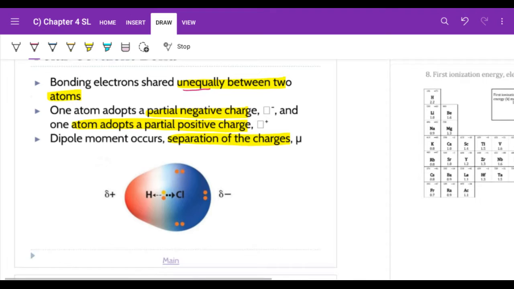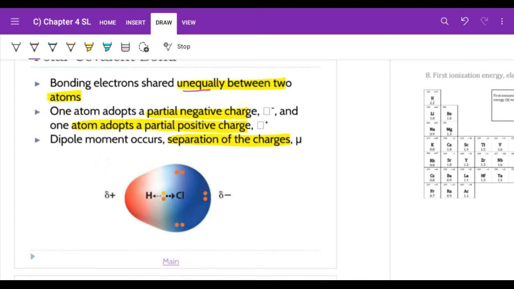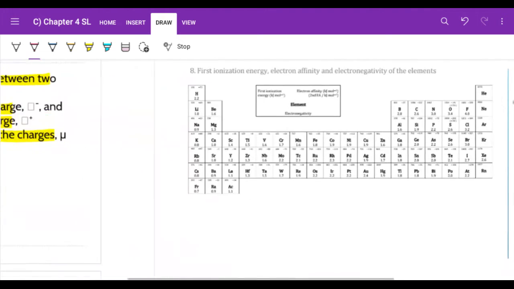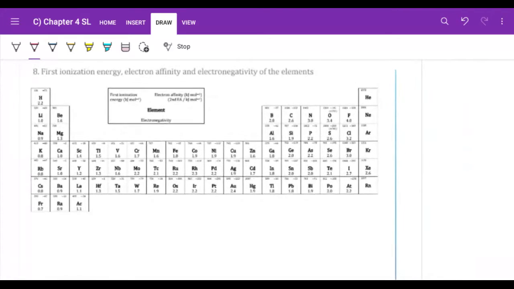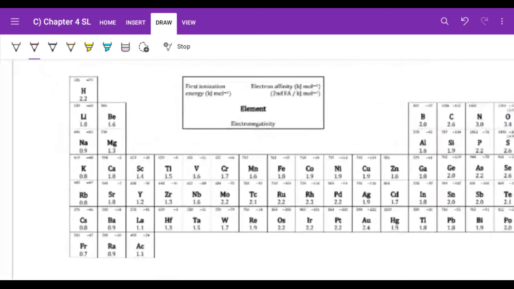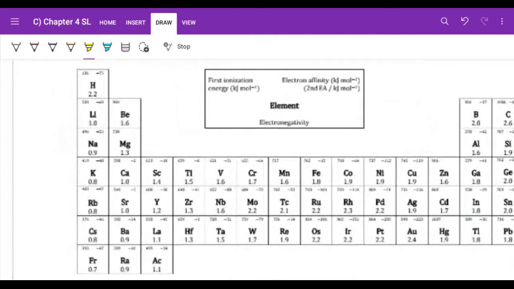Each element has its own electronegativity value. If you refer to your data booklet, page 8, every element has its own electronegativity value, such as hydrogen 2.2, lithium 1.0, beryllium 1.6.